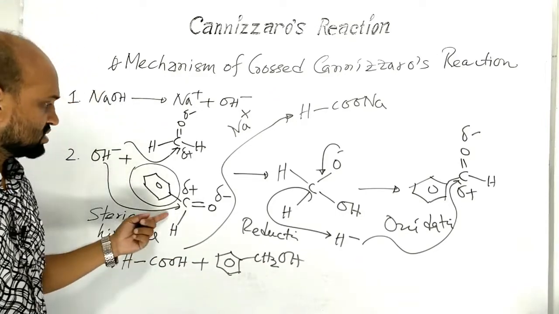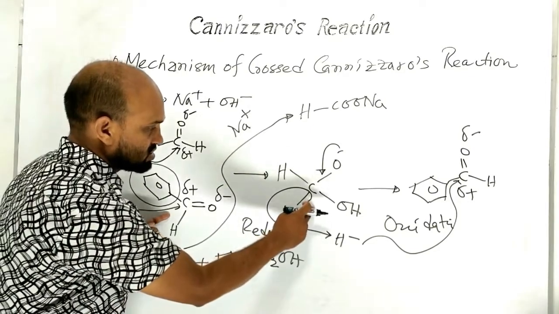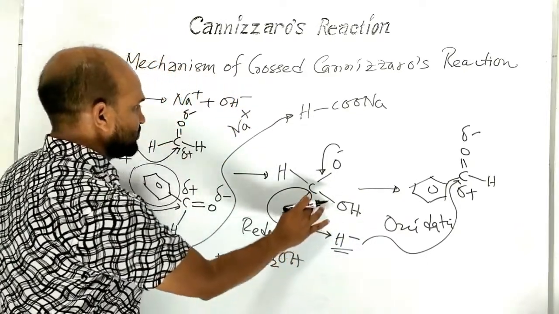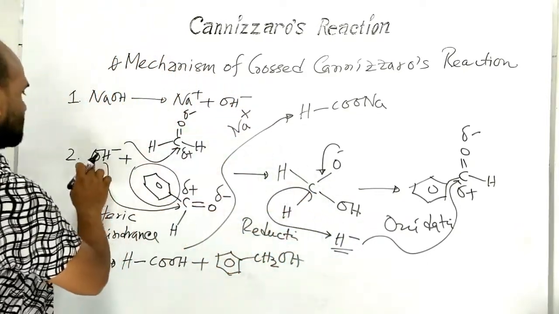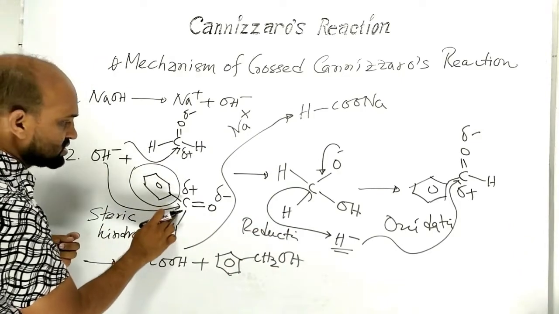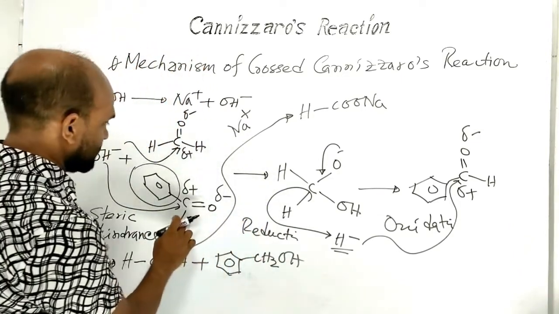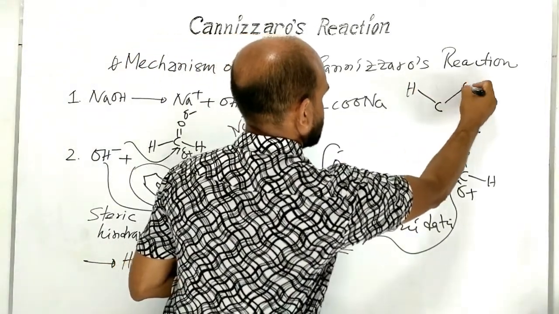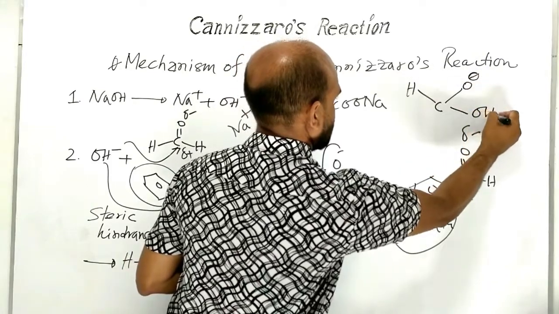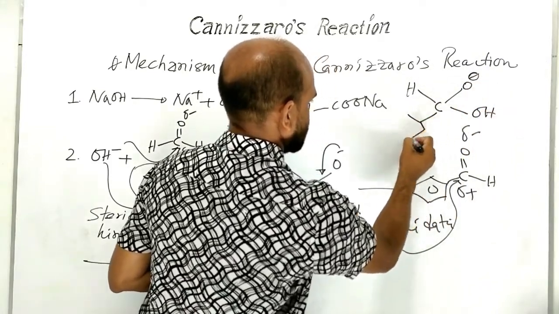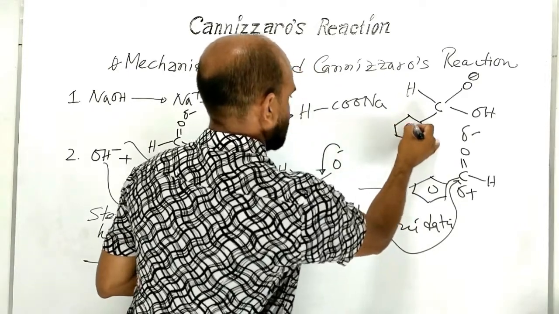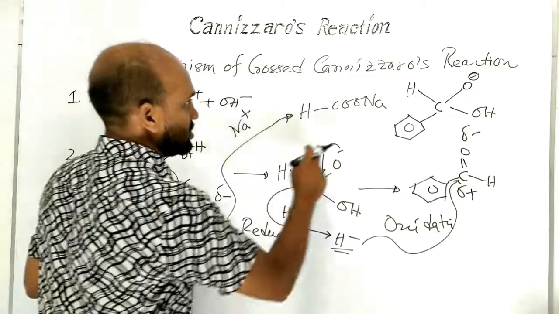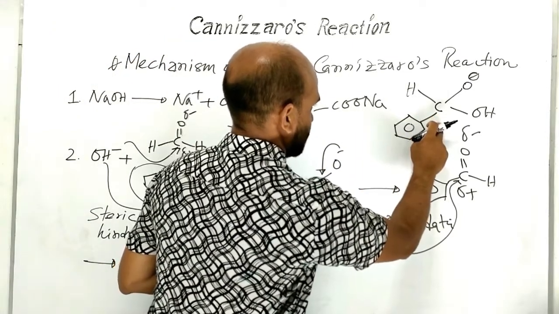Another point is, here we see that this ion releases hydride ion, but if hydroxide ion attacked benzaldehyde carbonyl carbon, then benzaldehyde would be like this, minus here OH, here benzene ring. If hydroxide ion attacked this benzaldehyde carbonyl carbon, then it would form this.